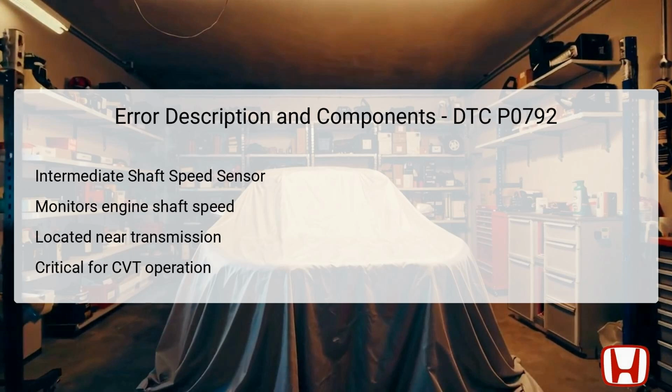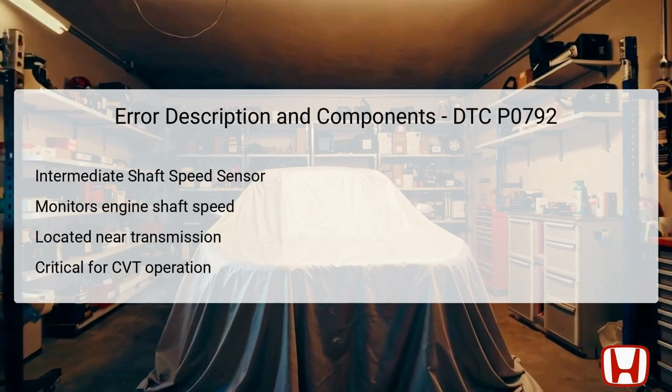The intermediate shaft speed sensor A is an essential component in ensuring smooth operation of the continuously variable transmission, CVT, in the Honda Civic. It is primarily responsible for monitoring the speed of the intermediate shaft, which directly influences how the CVT manages engine power transfer.